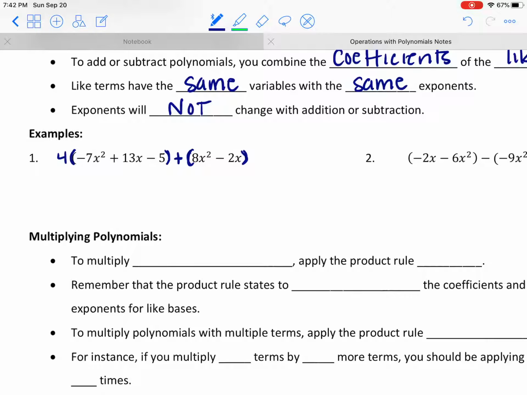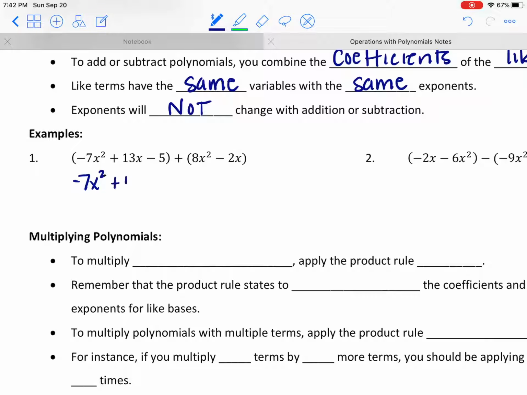For example, if I had, let's say, a 4 here, then those parentheses matter because they're telling me that the 4 would have to distribute to all of the terms in the parentheses. But right now, what's sitting outside of the parentheses is technically a positive 1. And distributing a positive 1, multiplying by positive 1, changes nothing. So although there are parentheses to separate these polynomials, they do nothing to this problem.